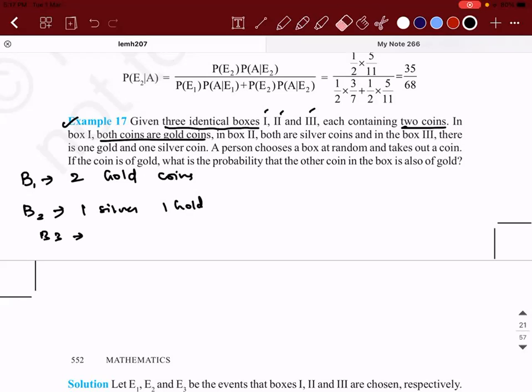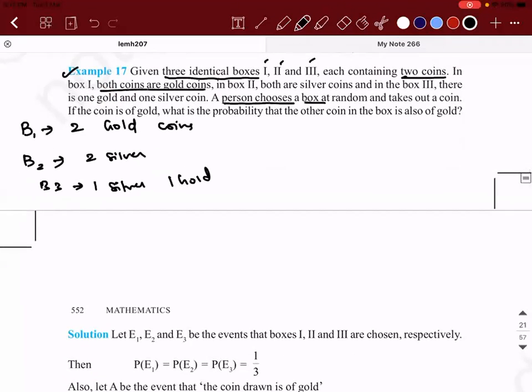Box 2 contains 2 silver coins. Box 3 contains 1 silver and 1 gold coin. A person chooses a box at random and takes out a coin. If the coin is gold, what is the probability that the other coin in the box is also gold?